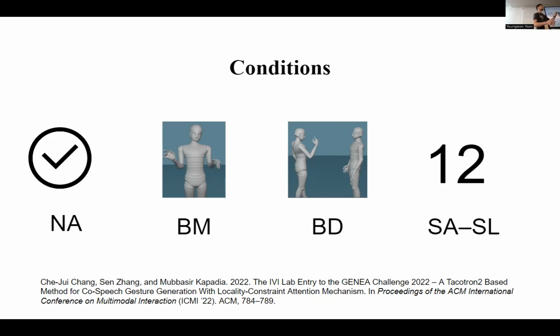And BD is a dyadic adaptation of the same baseline, which now takes the interlocutor into account. So the model in the background is the same, but now the interlocutor is also considered. And both were kindly provided by the authors of the baseline, Jerry Chang. And we had 12 submissions, SA to SL, which have been anonymized and will only be shown by their code.